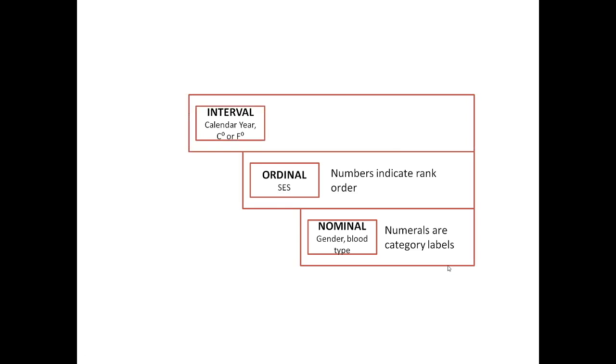Another important level of measurement is the interval scale. In an interval scale, numbers have equal intervals but not a true zero. An example of an interval scale is temperature measured in degrees Celsius or Fahrenheit.